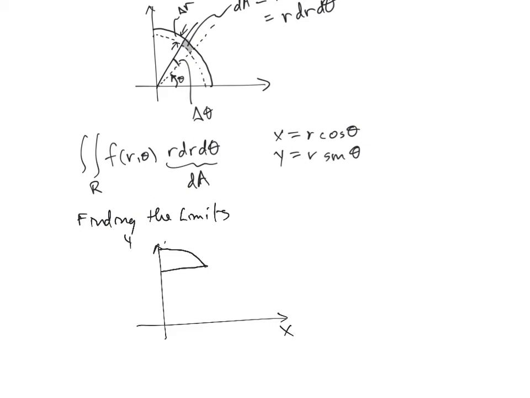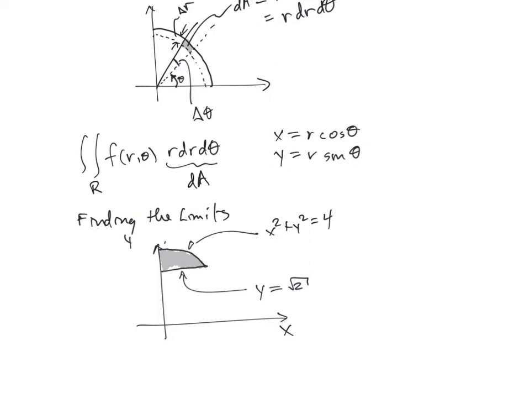It'll probably make your life a whole lot easier. So that's not a really good drawing, but this is the line y equals the square root of 2. Not square root of 2 times x, just square root of 2. It's a straight horizontal line, believe it or not. And this is part of the circle x squared plus y squared equals 4. And our region of integration is in here.